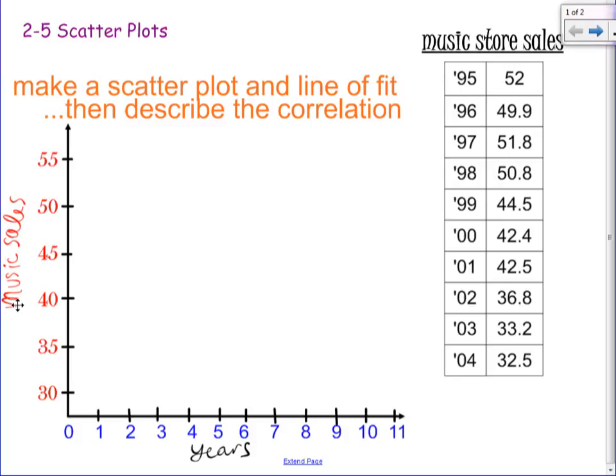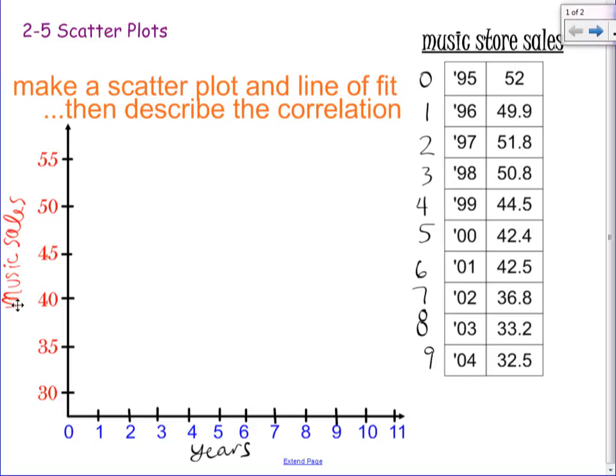So we can consider that year 0. Okay, it's just a little bit easier to graph. If you have years, it's good to convert them over to numbers. So we'll count this as year 0, 1, 2, 3, 4, 5, 6, 7, 8, and 9.